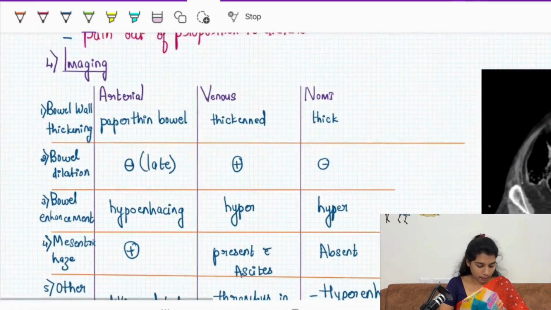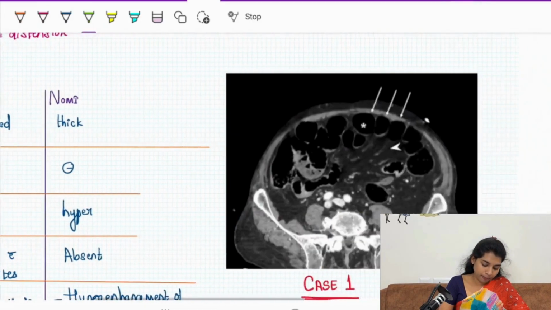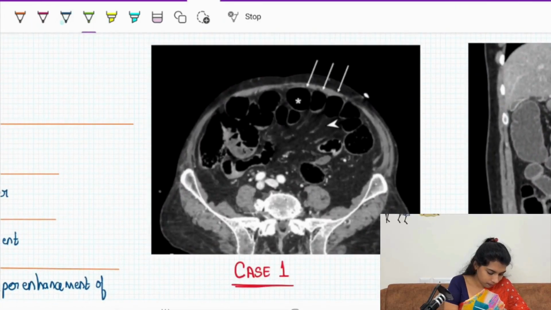Before we look at the imaging features, we'll look at three case scenarios of an arterial thrombus, venous, as well as NOMI, non-occlusive mesenteric ischemia, and then we'll understand the imaging features. So, this is a first case scenario where you can see there are small bowel loops which are dilated with paper thin bowel wall, right?